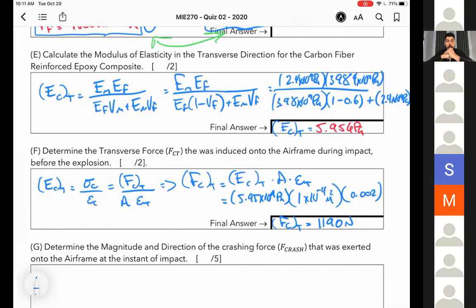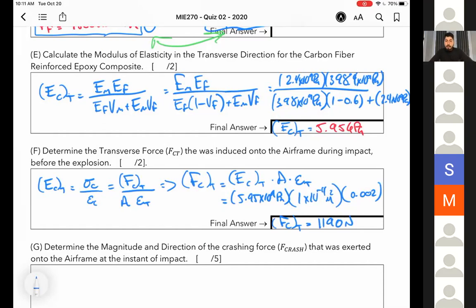So yes, it's a material property, but in this case, because we're using it with stress over strain, that's Hooke's law. So we have to be within the linear elastic region. The problem said that at this strain value of 0.002, the force generated was completely elastic. So we can use it. Oh, okay. Sorry, I missed that. Thank you. No problem.